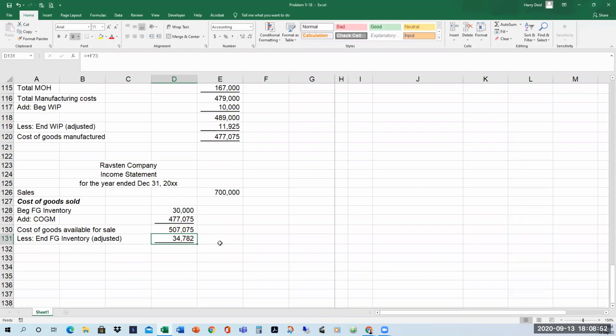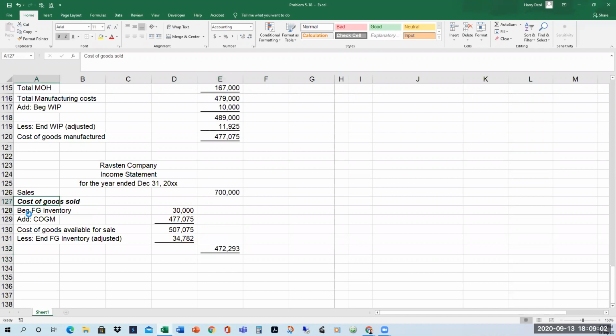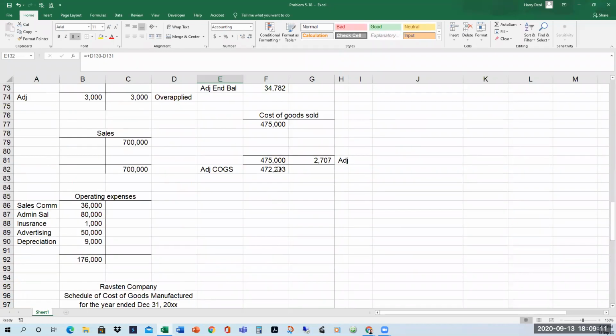So if we subtract $34,782 from 507,075, we get cost of goods sold, 472,293. And this number will be the same as the adjusted cost of goods sold.